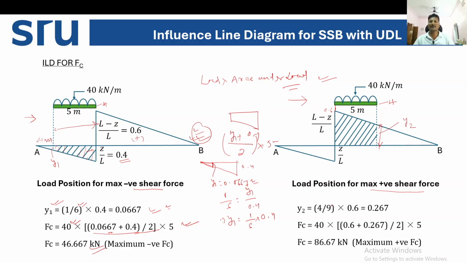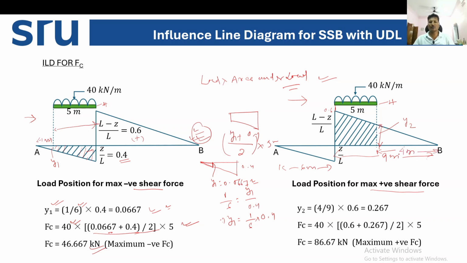So y2 is 4 by 9. Why 4 by 9? Look, the total length is 15, this length is 6 meter, so this is 9 meter. And this length is 9 meter minus 5 meter, so this is 4 meter.